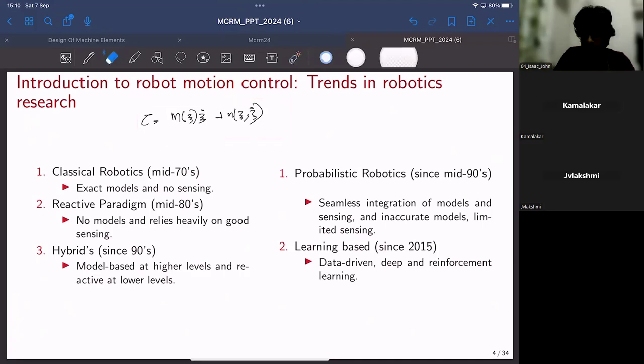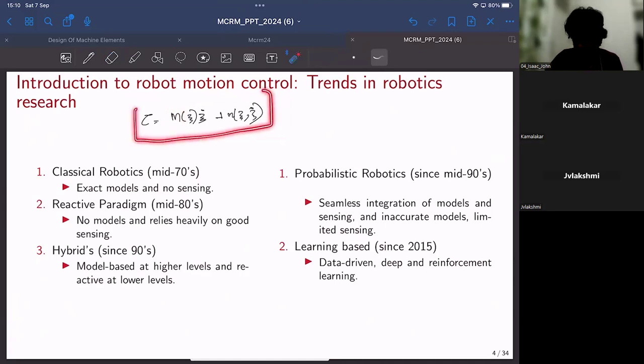We could only hope that the robot is isolated, free from external disturbances, and that we have estimated the parameters to the highest accuracy possible. And there was no sensing. That is what we call the classical motion control paradigm, or classical robots, where we only use exact models and no sensing.